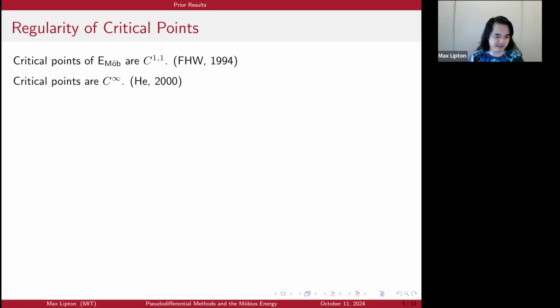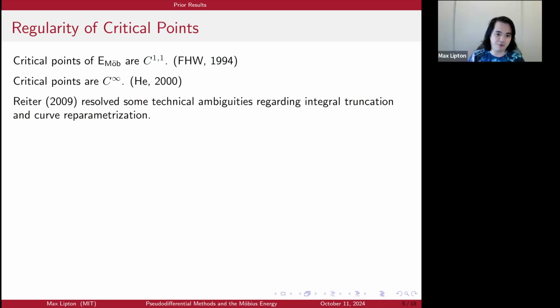A few years later, which is what I'm mainly going to be talking about today, Shangshu He of the original research group showed that the critical points are in fact C infinity, so all the derivatives exist.